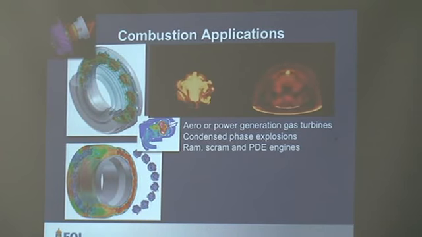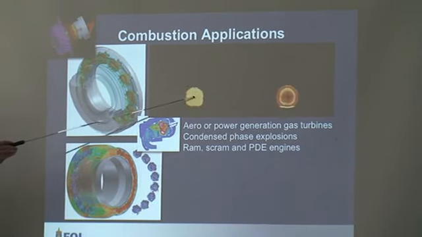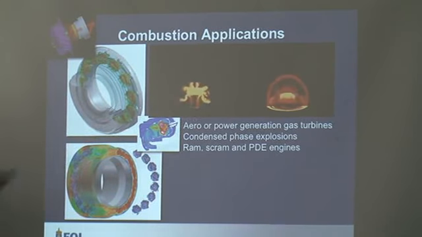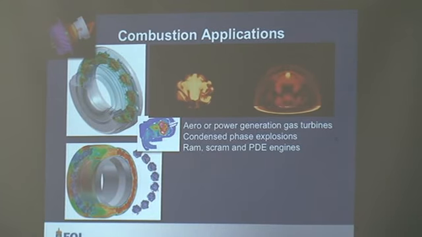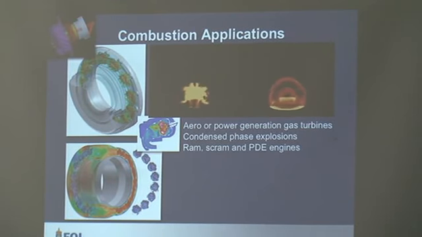Another problem that we are working on is condensed phase explosions. So this is an explosion that goes on quite close to the surface, and you're looking at one of the species that is evolving and also the resulting shock systems. And there you have a lot of additional physics like Rayleigh-Taylor, Richtmyer-Meshkov instabilities in the afterburning phase.